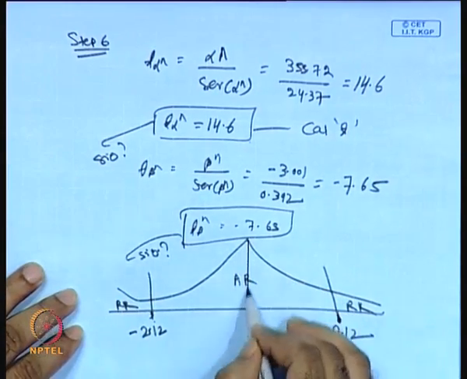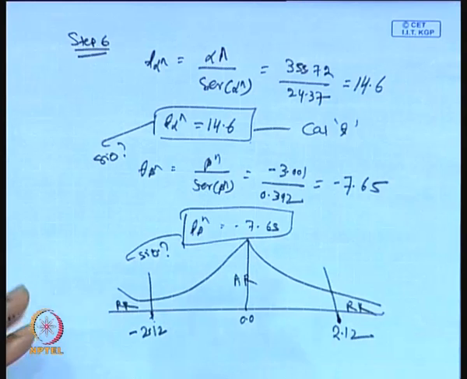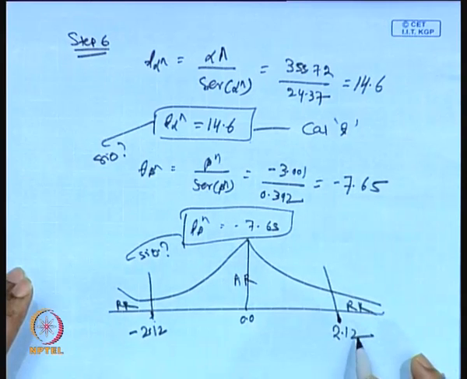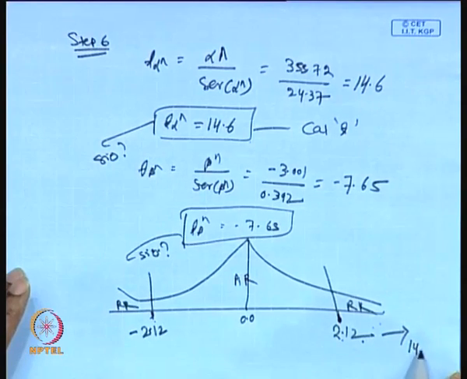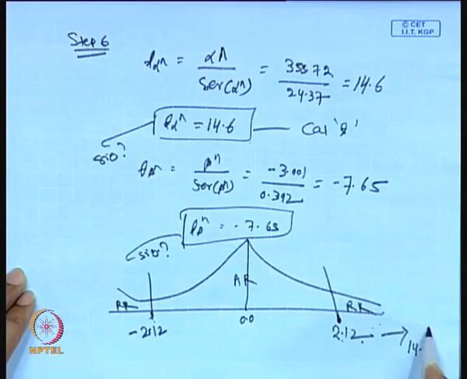This is the origin, 0.0. 2.12 means it is greater than this interval, so 14.6 will be coming this side, that means it is in the rejection region. So, once it is in the rejection region, we reject the null hypothesis.